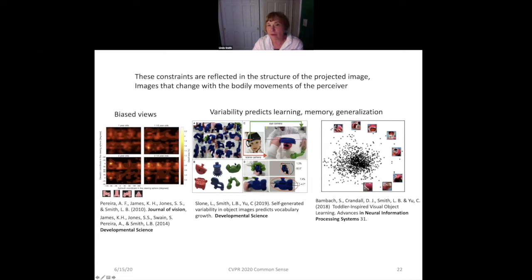Another thing that we've done is look at what the 2D image looks like and what the properties of the 2D image are, not with respect to the 3D object first, but just with respect to itself. What we've shown is that the variability in the mask orientation predicts whether children learn object names. The mask is just the pixels that belong to the object.